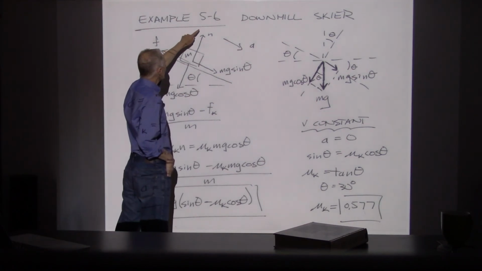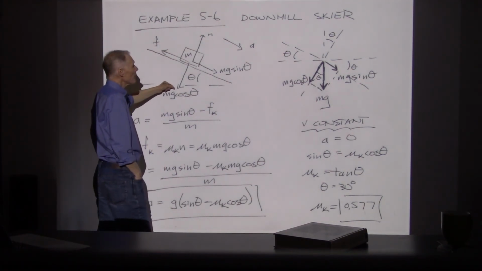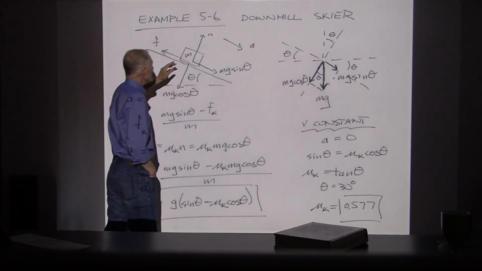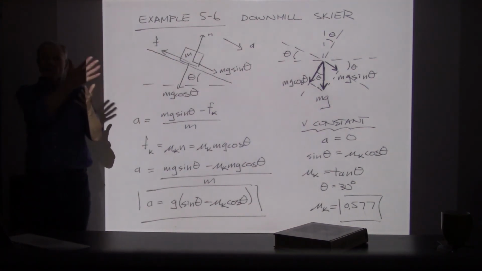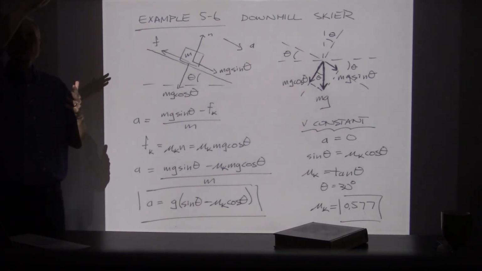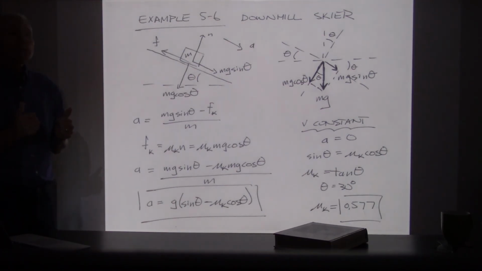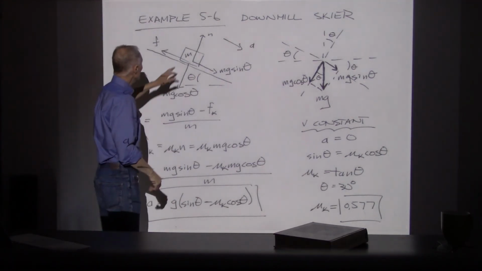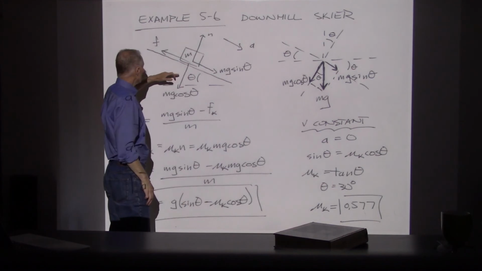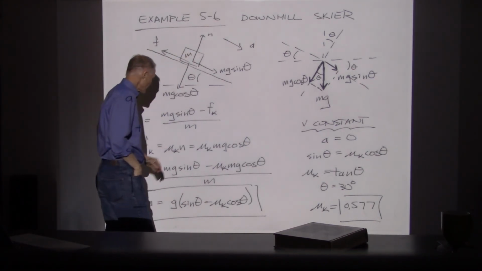So from the diagram, n is going to equal mg cosine theta, and we know that because there's no acceleration along that direction. The skier is not accelerating away from the slope, and the skier is not accelerating into the snow, into the slope itself. So whatever mg cosine theta is, that's what n is going to be.